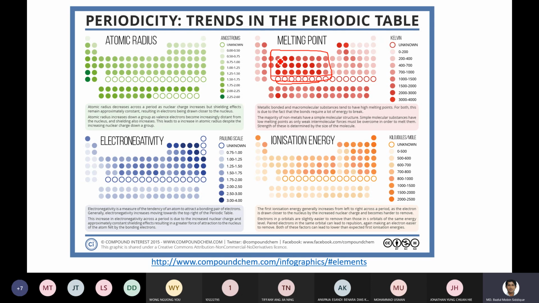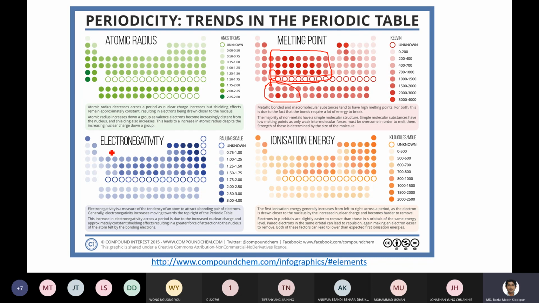That is why the melting point for this transition metal series is high. The actinides and lanthanides also fall in between here, and some of them have higher melting points too.